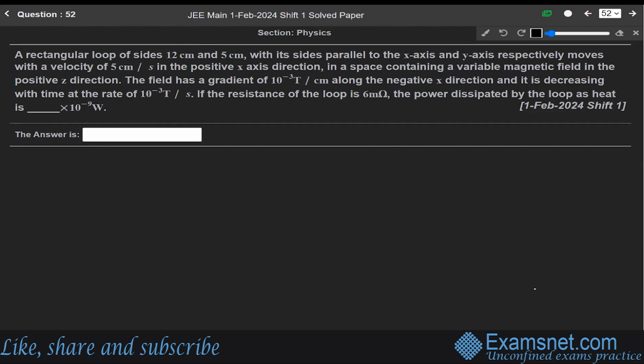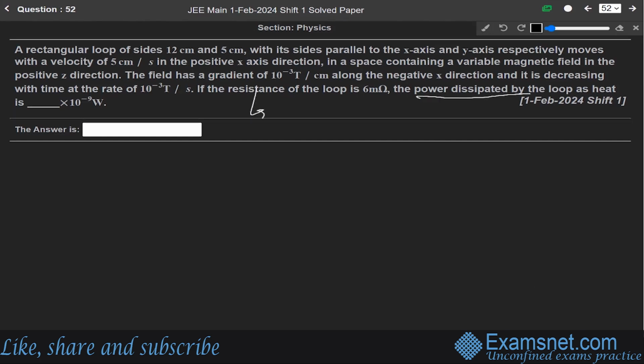The field has a gradient of 10 to the power minus 3 Tesla per centimeter along the negative x direction, and it is decreasing with time at a rate of 10 to the power minus 3 Tesla per second. We have to find the power dissipated by the loop. This question is from the chapter of electromagnetic induction and alternating current.